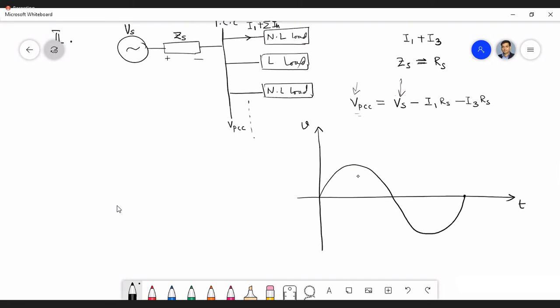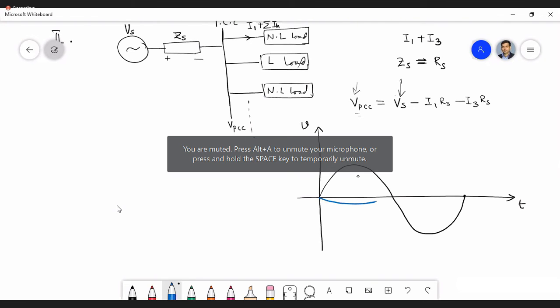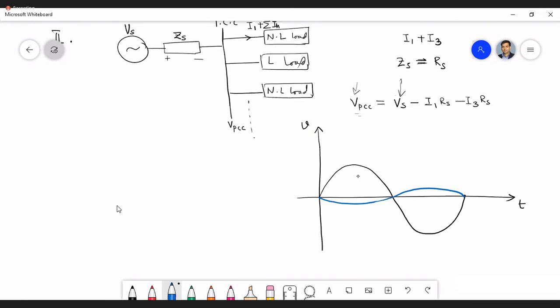What about this I1 RS? That also has the same frequency as Vs, because that is the fundamental. But the amplitude will be much less because the source resistance is quite small. Like this. And I have drawn it on the negative axis because this is minus I1 RS.